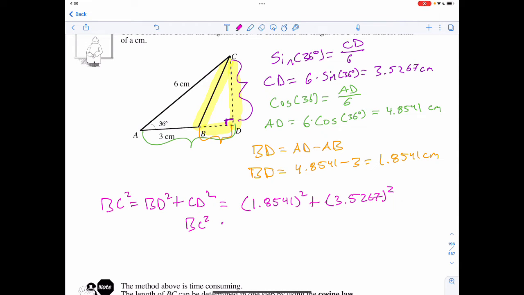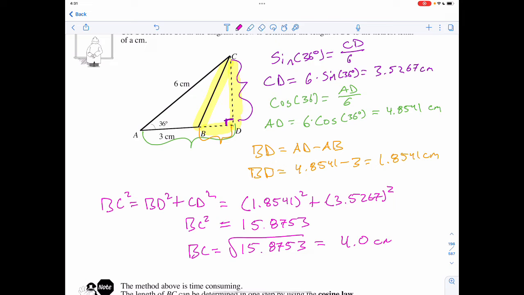BC squared is going to equal approximately 15.8753. So BC would equal the square root of that. And to the nearest tenth, like it asked for, that's going to be 4.0 centimeters.